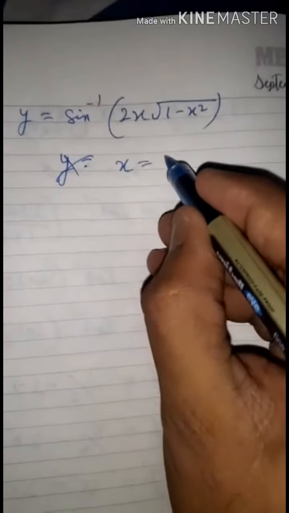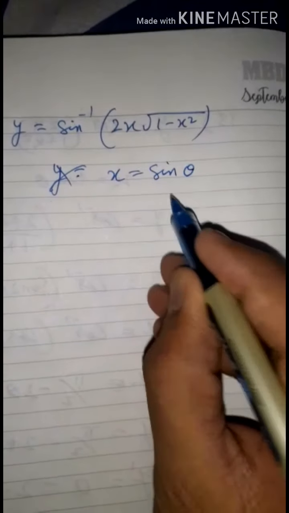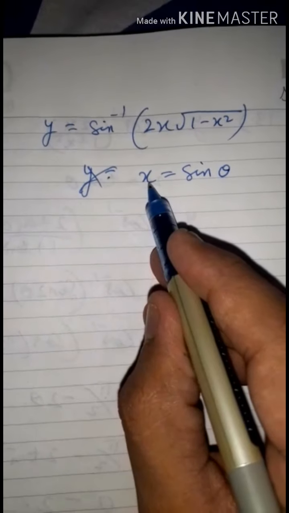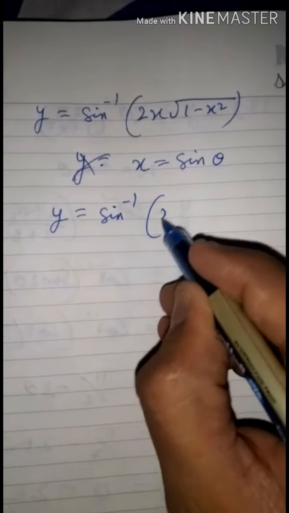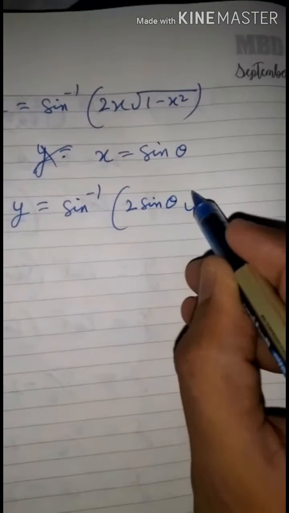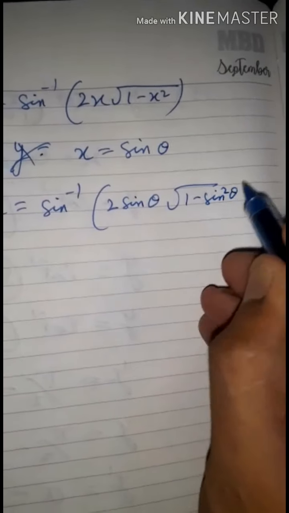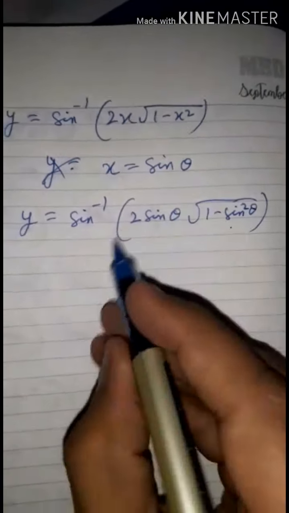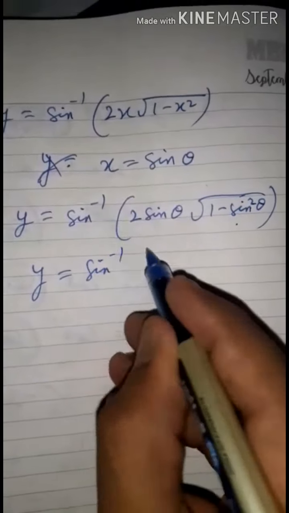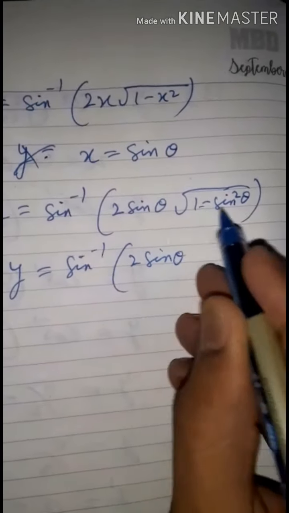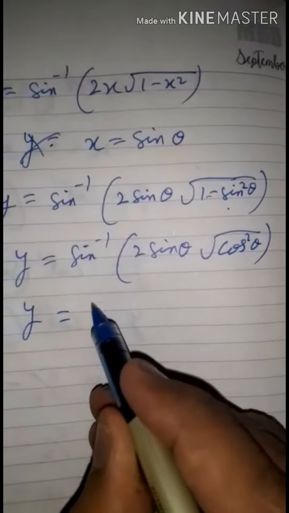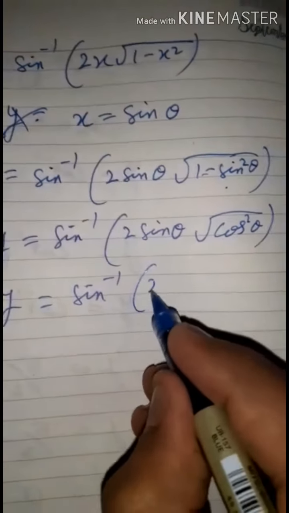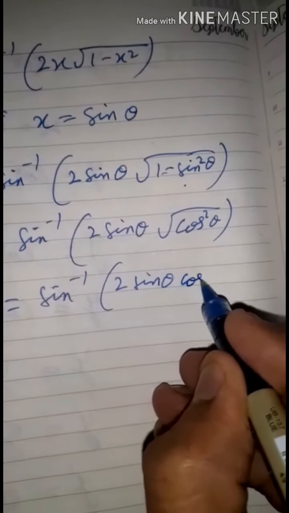Number 14, we can't put x equal to tan theta. Here we can put x is equal to sin theta, or we can put cos theta also. You can solve it yourself by putting x equal to cos theta. Now y is equal to sin inverse, replace x with sin theta, 2x root 1 minus sin square theta. Now y is equal to sin inverse 2 sin theta, and we know 1 minus sin square theta is equal to cos square theta. y is equal to sin inverse 2 sin theta cos theta.